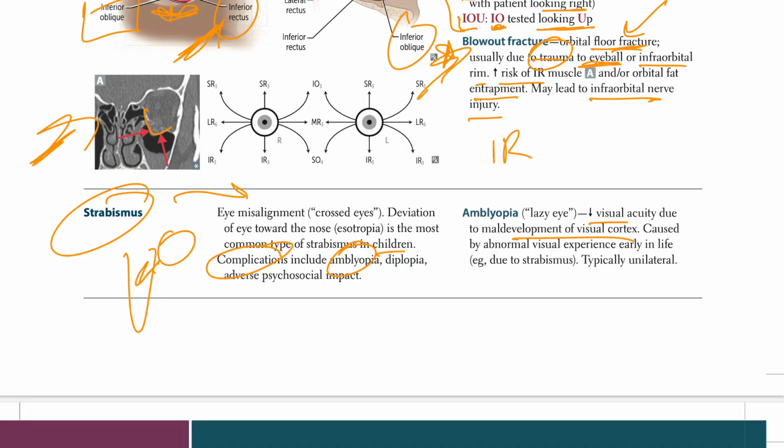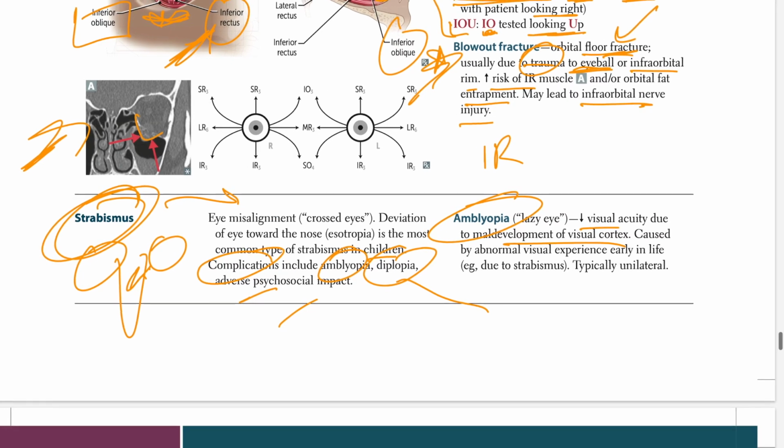That's just going to decrease visual acuity, okay. Diplopia, double vision, and they won't look good, so they will have a psychosocial impact as well because of how they look, right? So this is strabismus and amblyopia.